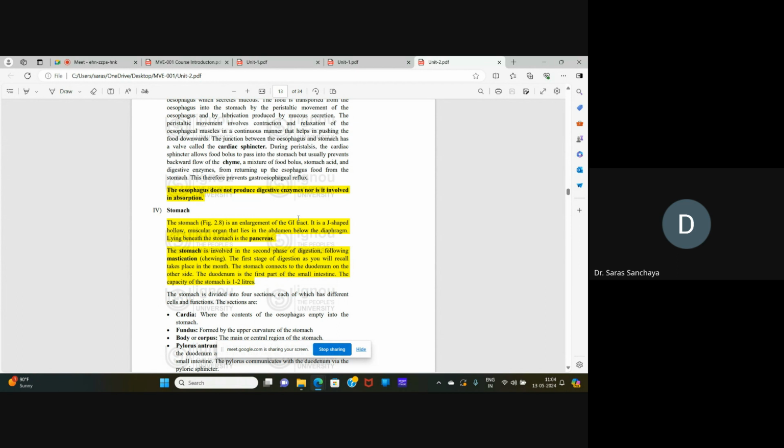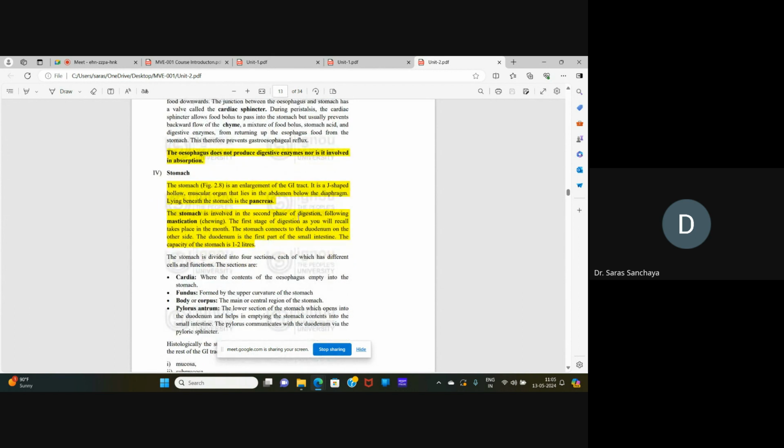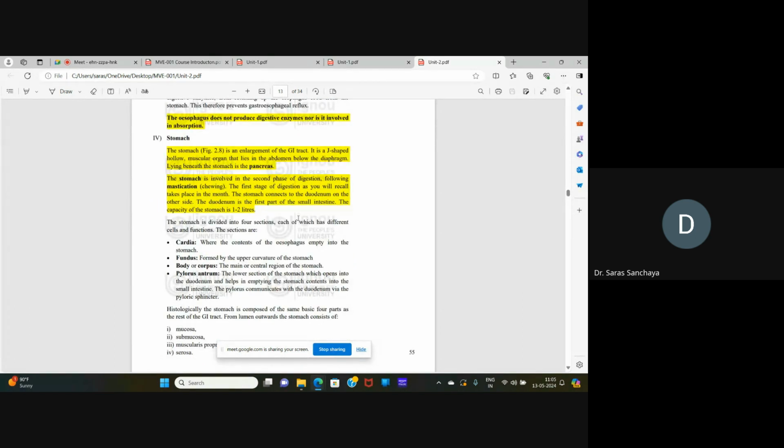The stomach connects to the duodenum on the other side. The duodenum is the first part of the small intestine. The capacity of the stomach is 1 to 2 liters. And these are the structures of the stomach: cardia, fundus, body or corpus, and pylorus antrum, from which it goes into the duodenum.